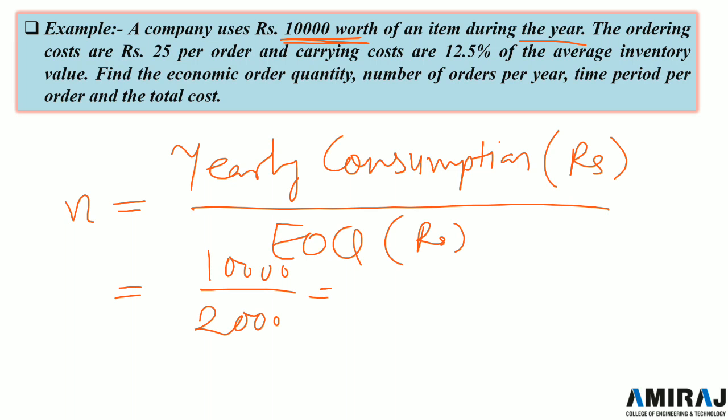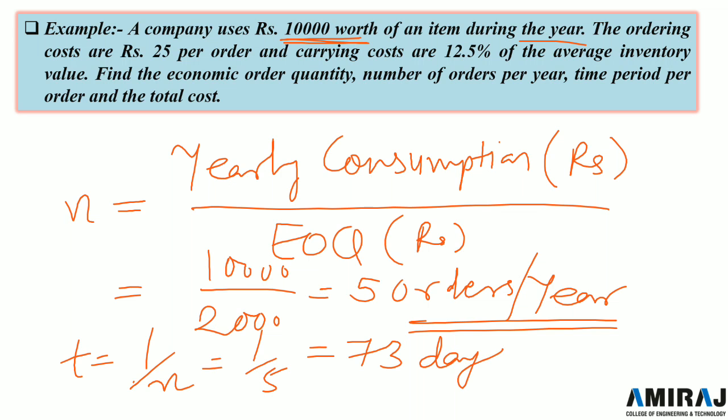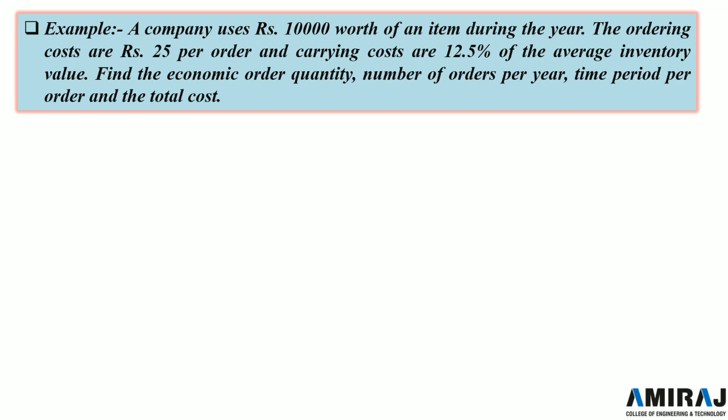So the number of orders required, which means 5 orders per year, will be required. Next we have to calculate the time period per order. So T will be equal to 1 upon N, which is 1 upon 5. So it will be 73 days. So after 73 days we have to order.